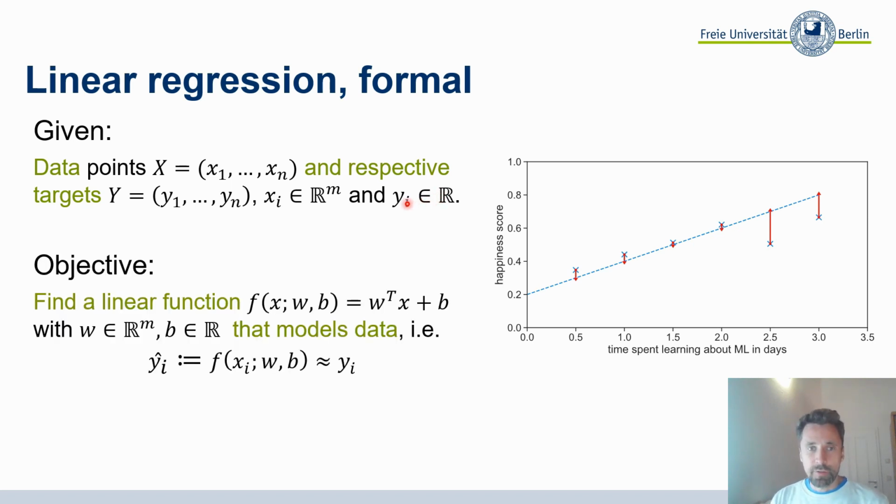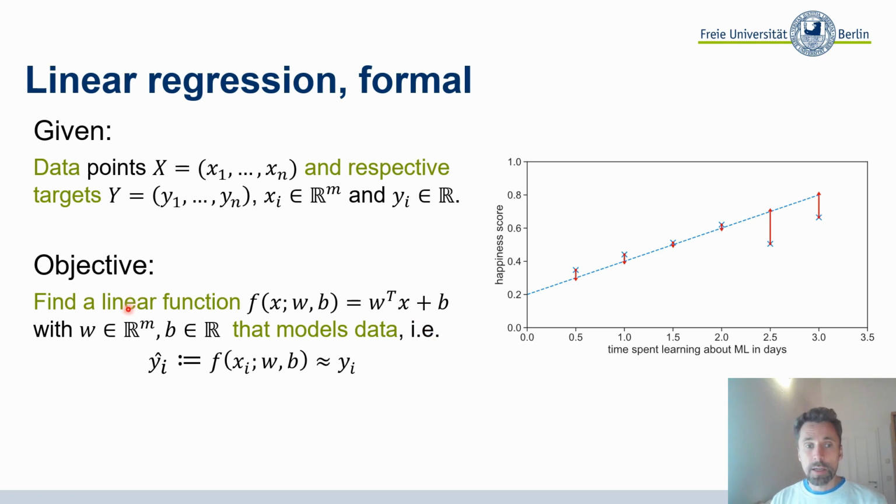The objective in linear regression is to find a linear function which will have the form w transpose x plus b. w is a vector from the same vector space as x, obviously, and b is a scalar value, like an offset that we add to each of these dot products.